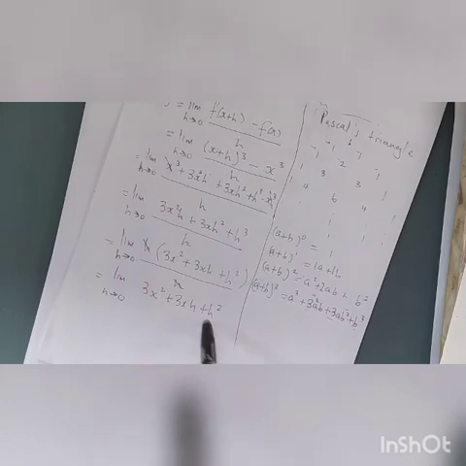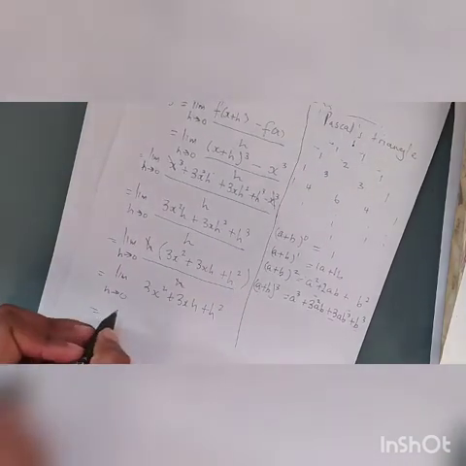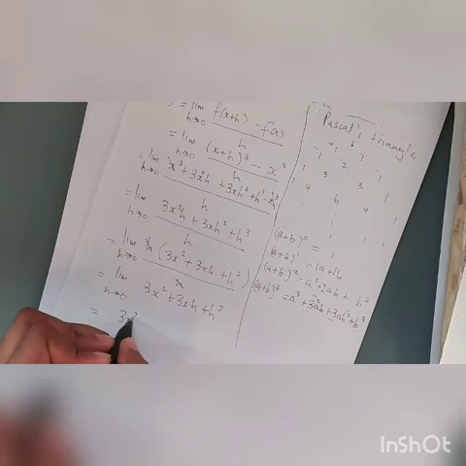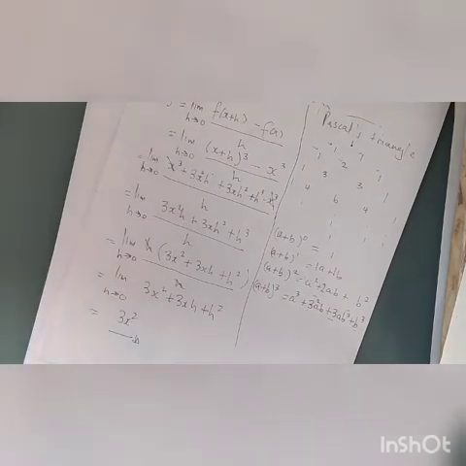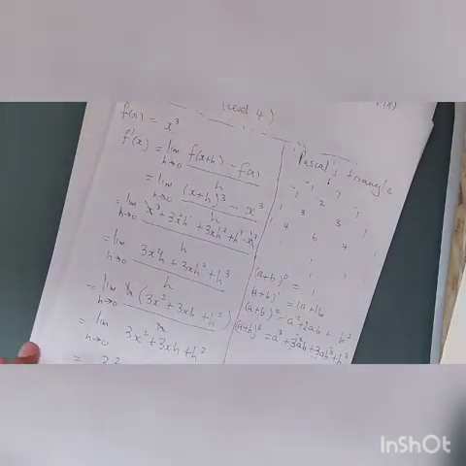So now when h goes to 0, this term will go to 0, and that term will go to 0, and then you'll be just left with 3x squared. Thank you guys. This was the first example.